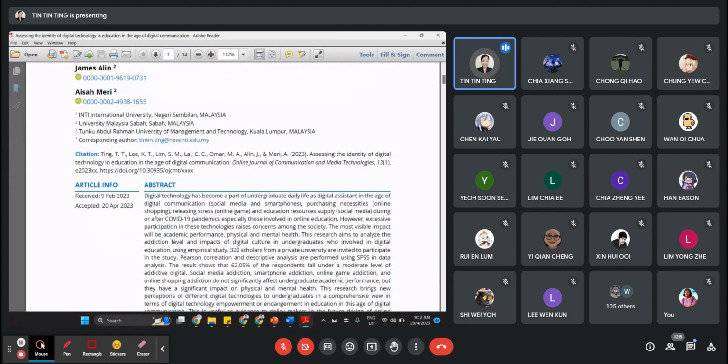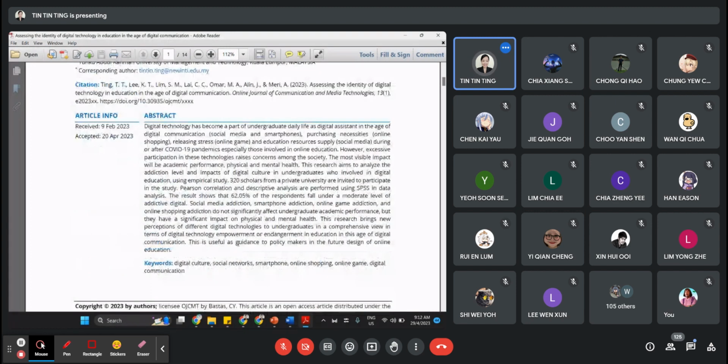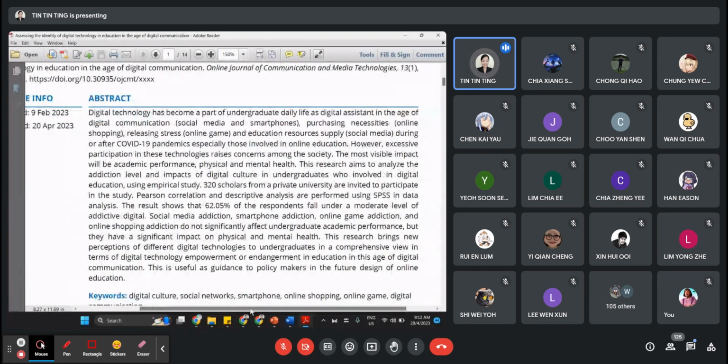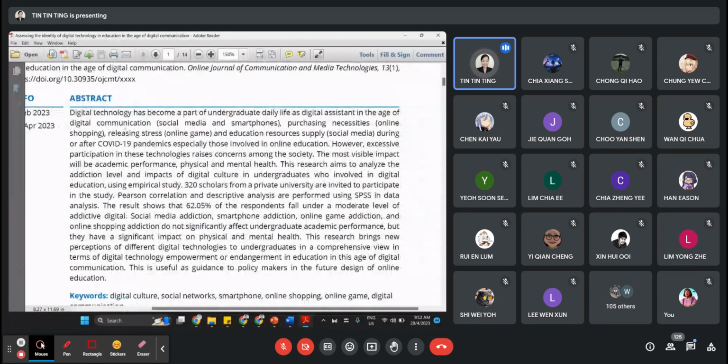Now, this research was done to find out, and this might be good news to all of you, whether excessive usage of social media, smartphones, online games and online shopping will affect physical health, mental health, and academic performance.